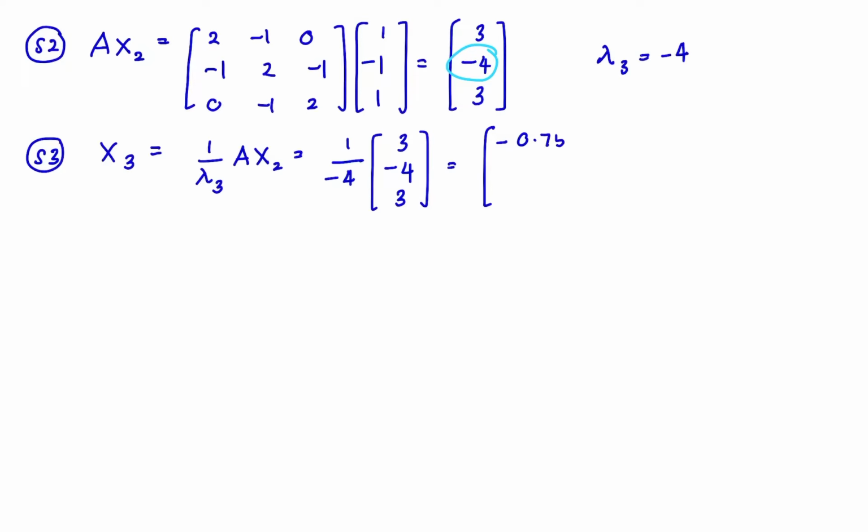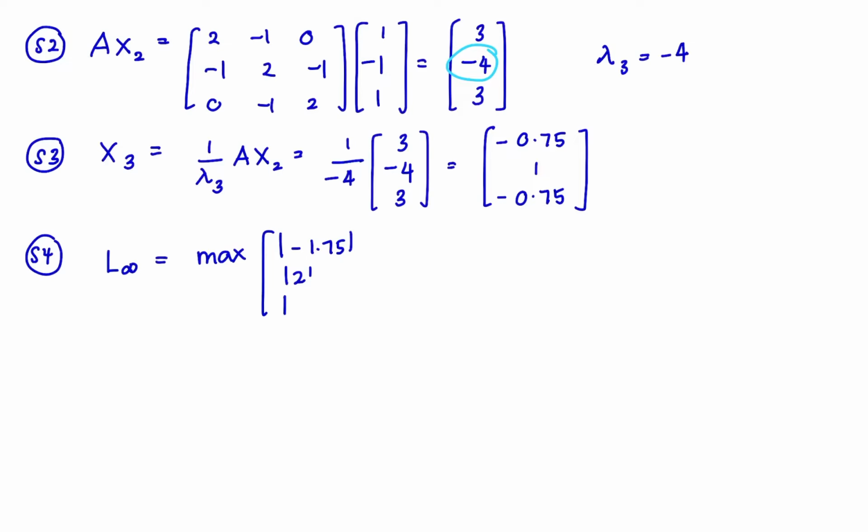Okay, so calculating, that's going to be 0.75, 1 minus 0.75. Okay, so step 4, we check for convergence. For L infinity equals the maximum of absolute of 2 and absolute of minus 1.75.